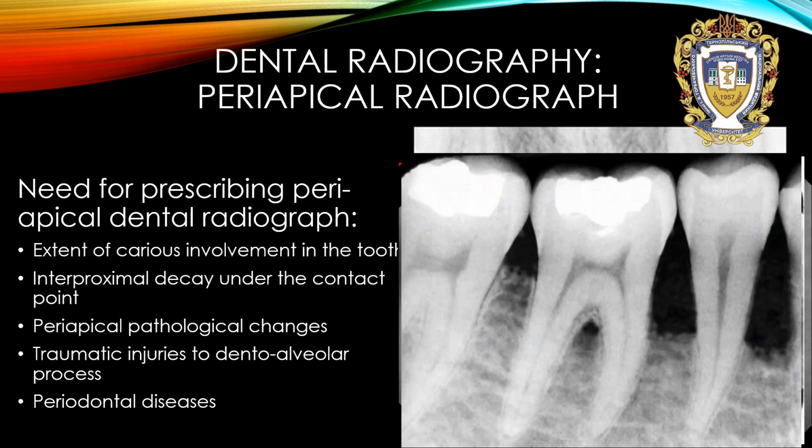Different periodontal diseases, like here, we can observe a low level of alveolar bone and resorption of the bone between roots in tooth number 4-6.